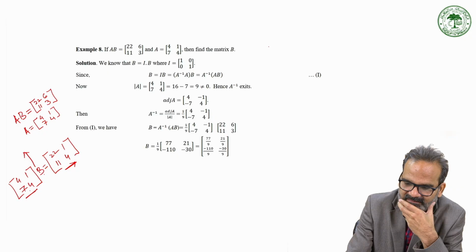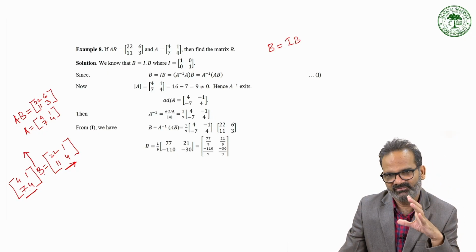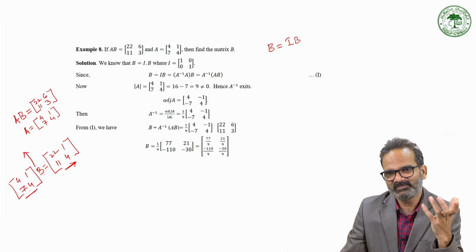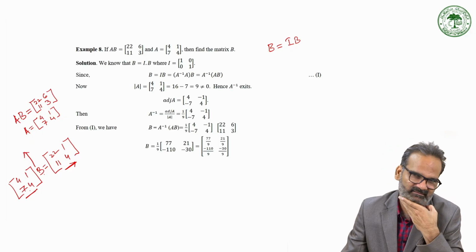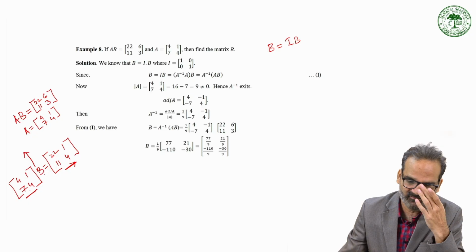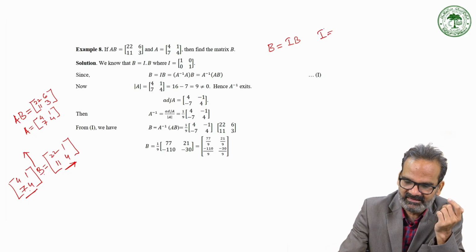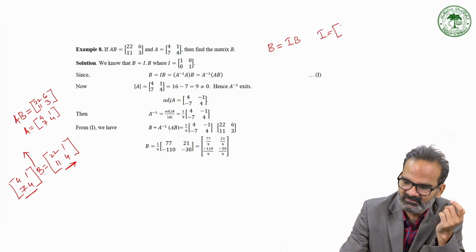We know that B can be written as I into B, because if any matrix is multiplied with the identity matrix, the matrix remains the same. So B can be written as I into B, where I is an identity matrix like this, 1 0 0 1.